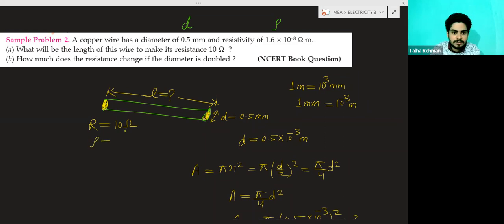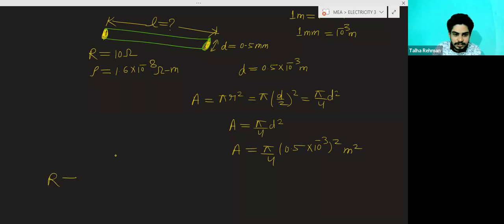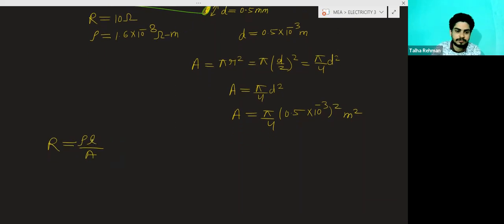Resistivity rho is given, 1.6 into 10 to the power minus 8 ohm meter. Diameter is given, so we have calculated the area. Now we will use this formula: R is equal to resistivity times length divided by area of the wire. From here we can calculate the length. So length will be R A by rho.